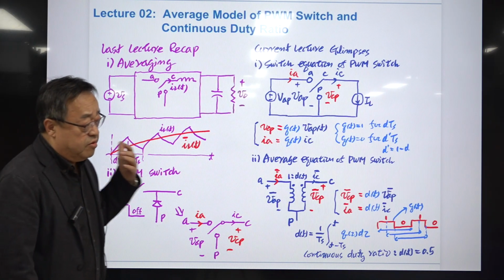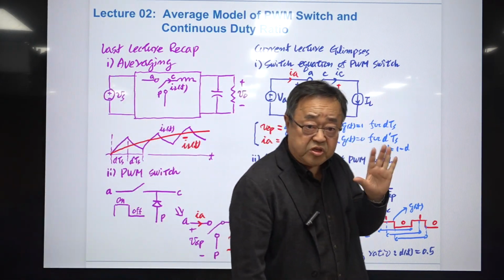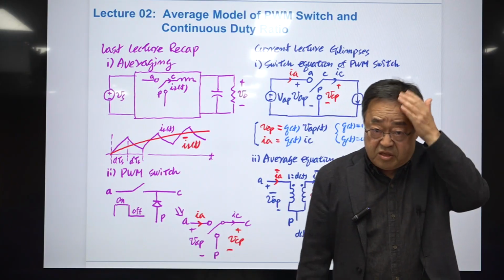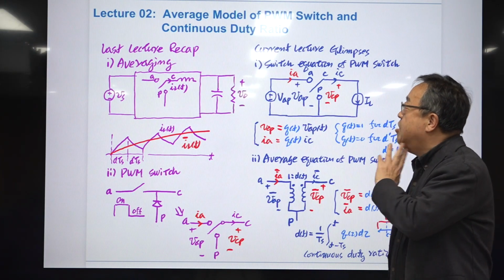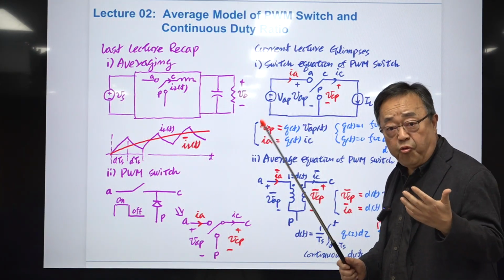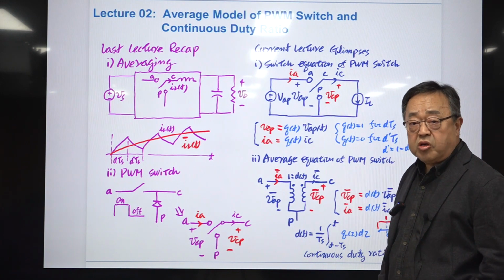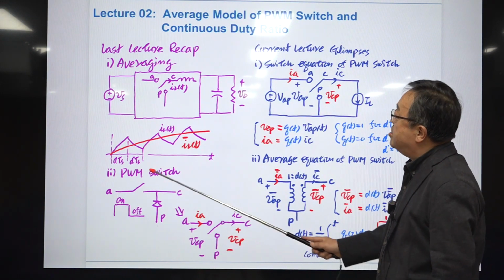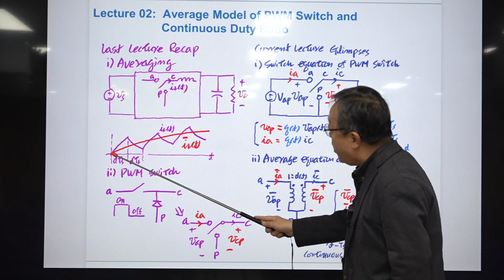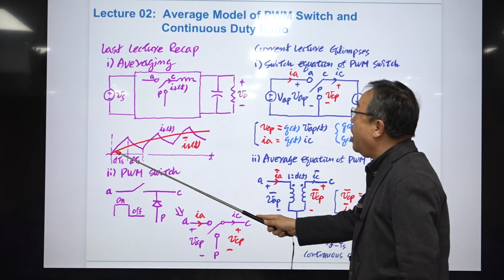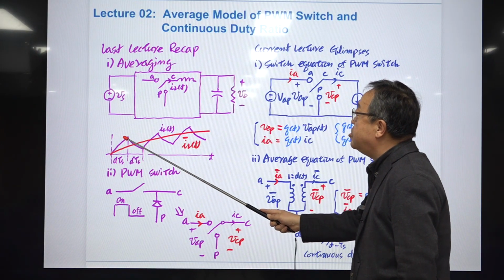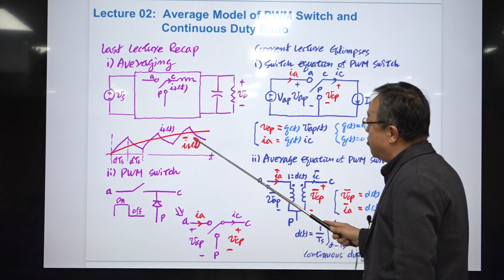And the circuit averaging or this power stage averaging means somehow we want to develop a circuit model that generates the time average version of this triangular shape nonlinear curve.